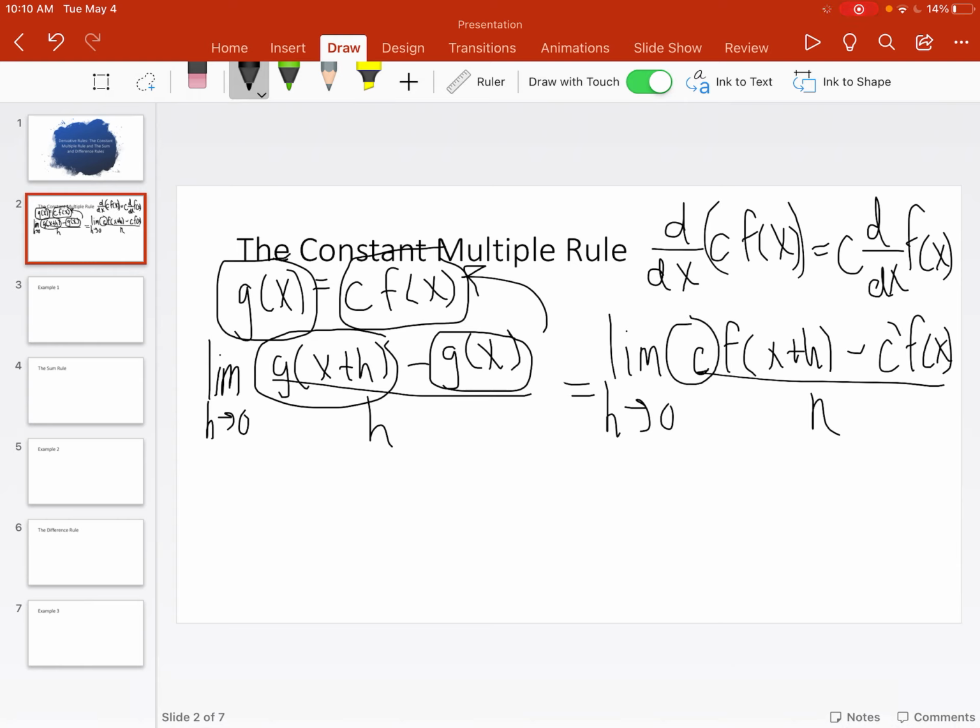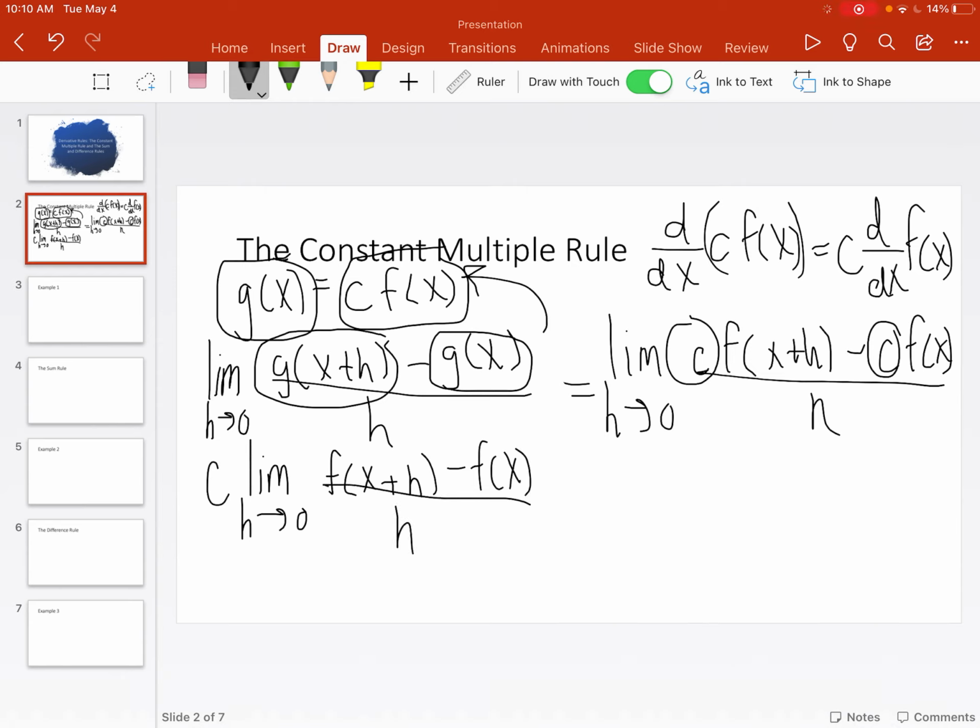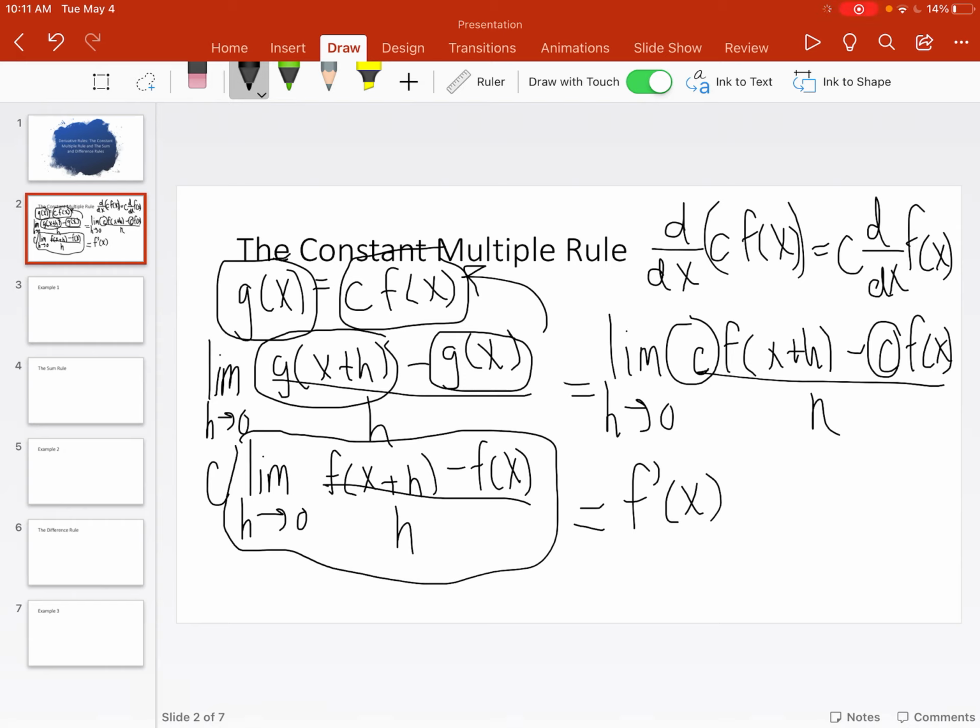Now you can see that I can factor out c, and I'm going to factor that out of the limit. What I'm left with is c times the limit as h approaches 0 of f of x plus h minus f of x all over h. And you realize that this expression right here is equal to f prime of x.